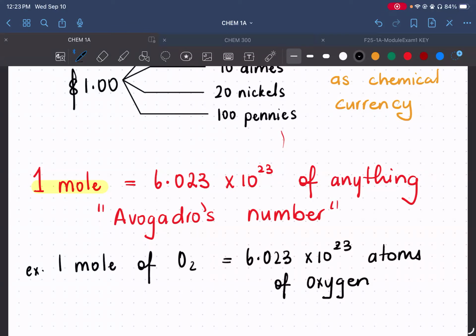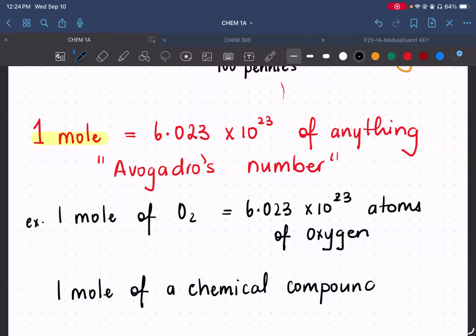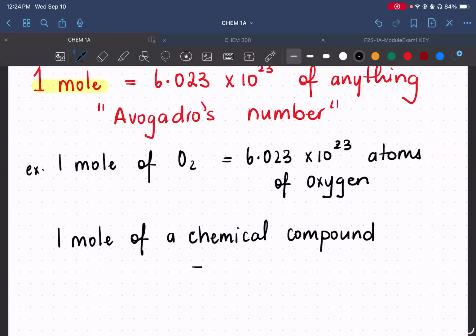So now that we have a count, we are able to say that in 1 mole of oxygen, there are Avogadro's number of atoms. We can also further relate it to mass, where 1 mole of a chemical compound is equal to the atomic mass or molecular mass.